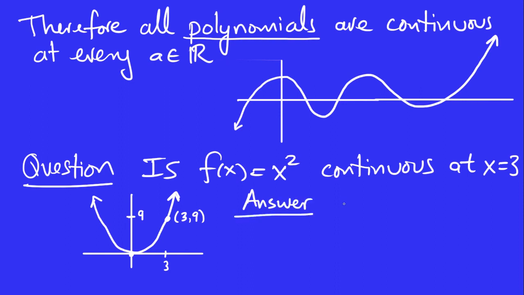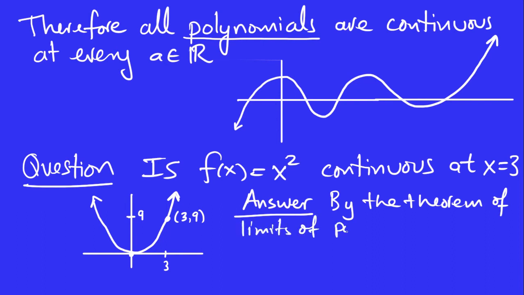I would say that by the theorem of limits of polynomials, we know that, how do we do the limit as x goes to 3 of x squared?